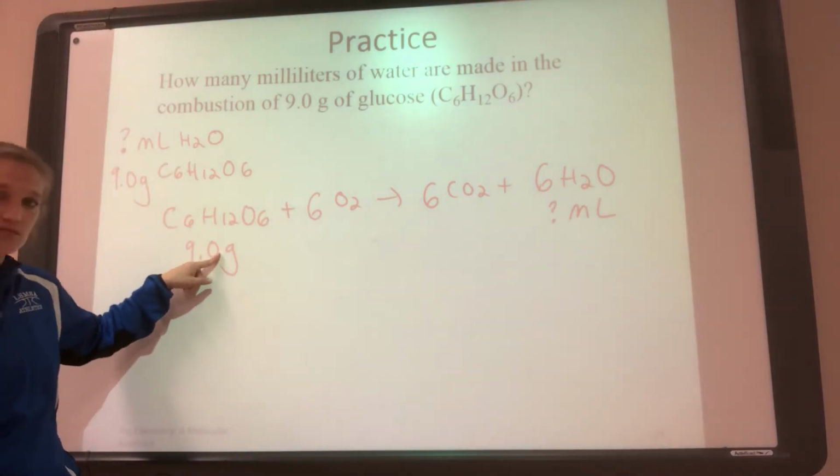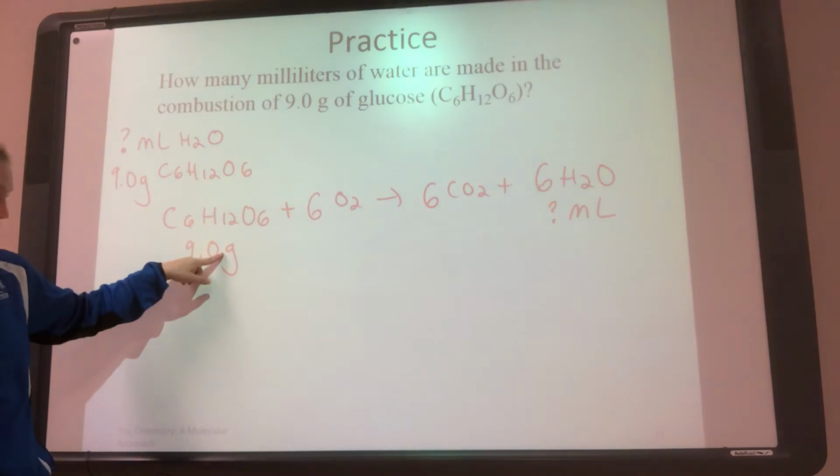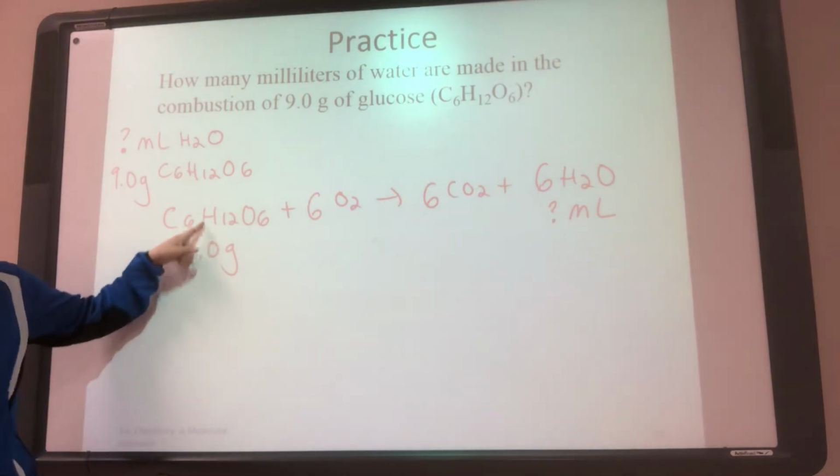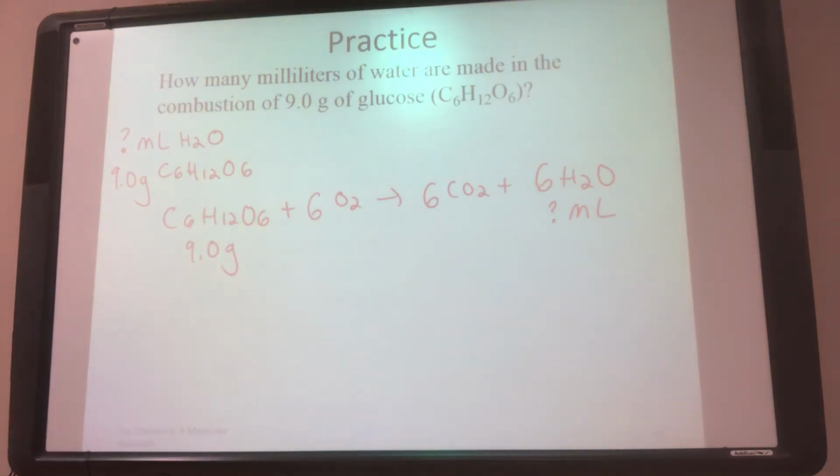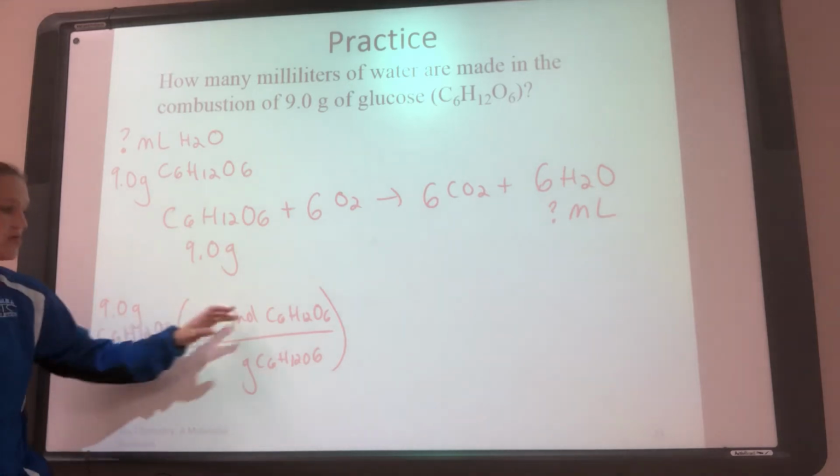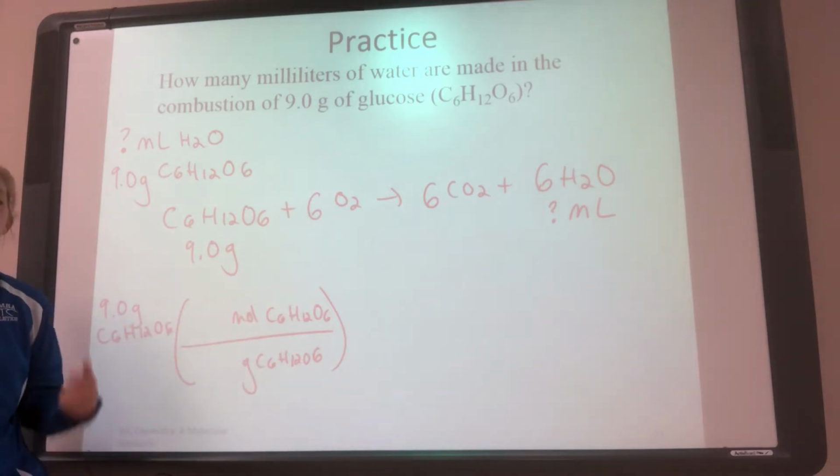This isn't in moles. This is in grams. So what I need to do first is change him to moles. So I have 9 grams of my glucose. I want to go from grams of my glucose to moles of my glucose. How do I go from grams to moles? The molecular weight.